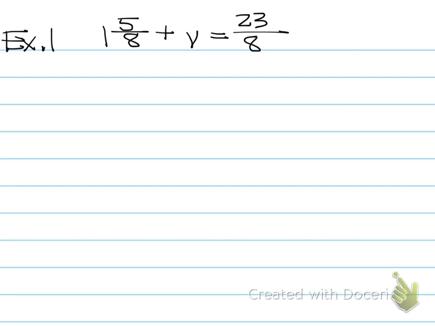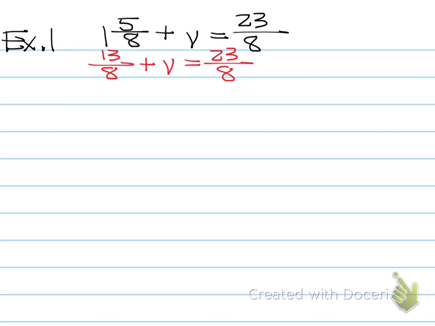All right, so we have 1 times 8, which is 8. 8 plus 5 is 13. So 1 5/8 as an improper fraction is 13 over 8. Then still the first step, we've got some fractions in here, so we need to multiply the entire equation by the lowest common denominator.